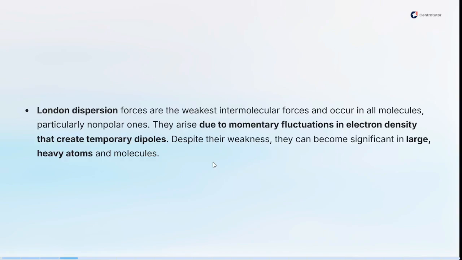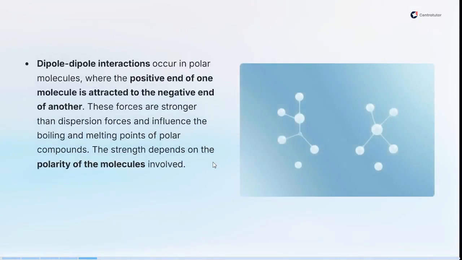So let's see what we have next. Next we have dipole-dipole interaction, and this kind of interaction occurs in polar molecules. London force happens majorly in non-polar molecules, but dipole-dipole happens in polar molecules, where there is a positive end and a negative end.